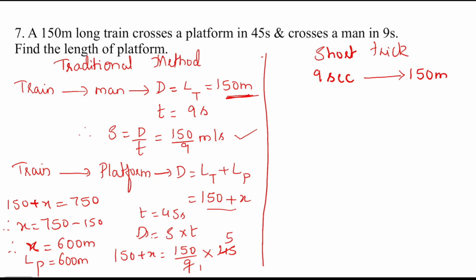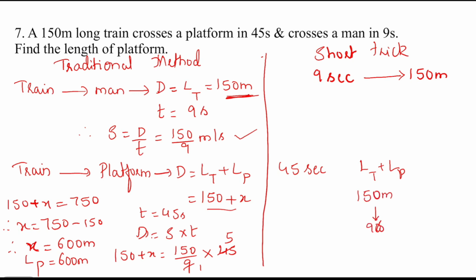Therefore in 9 seconds it will cover 150 meters. And in 45 seconds it will cross the platform. The distance is the length of the train plus the length of the platform.